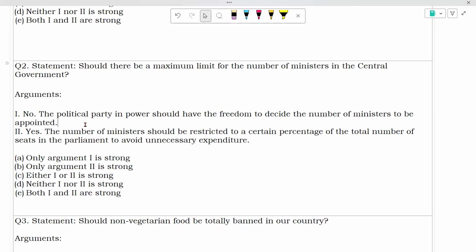Can they make all the 300 MPs a minister? They should not. That will lead to unnecessary expenditure. So the first one is weak. The second one is strong. So only argument two is strong. This is the logic. It says it will lead to unnecessary expenditure.